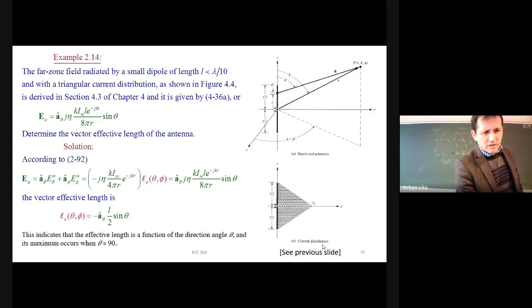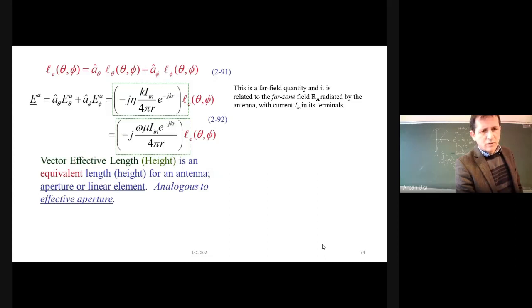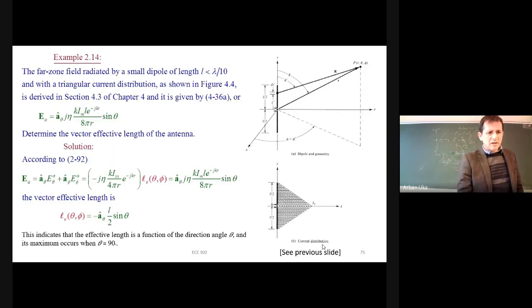And from the previous slide, what we want is the expression of the electric field. So just looking at the slide, the electric field is given by this expression here, and we have to determine the vector effective length.